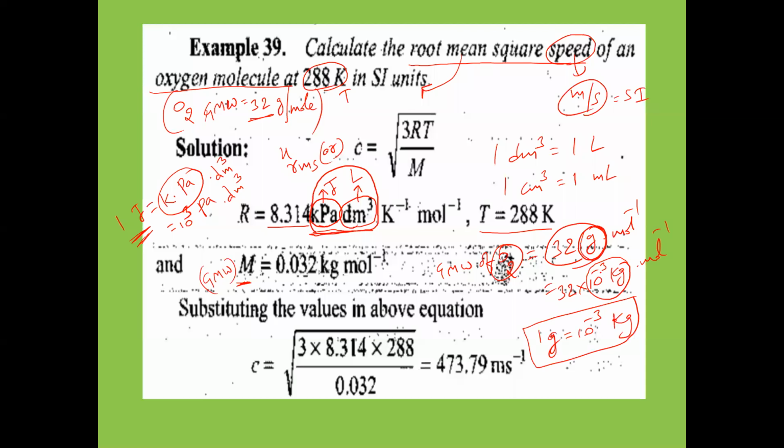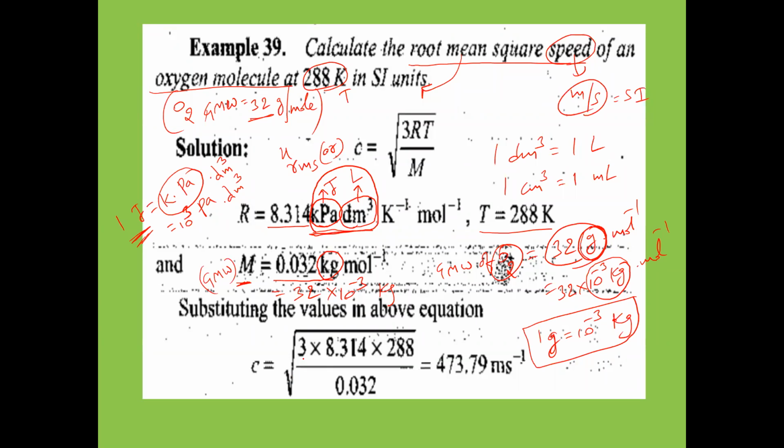So 32 into 10 power minus 3 is 0.032 kilograms per mole. So keep this point in mind.